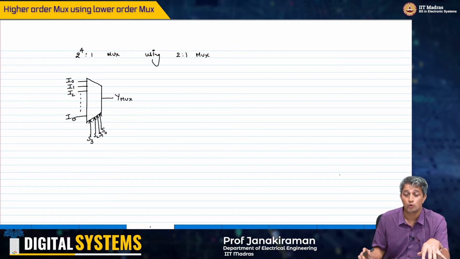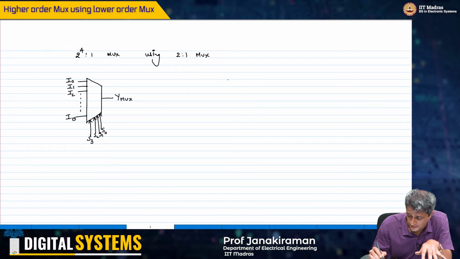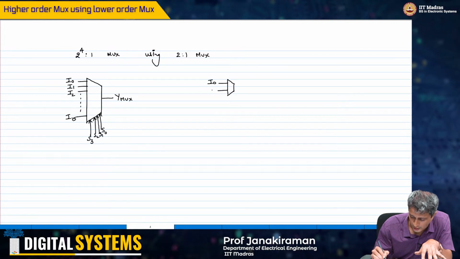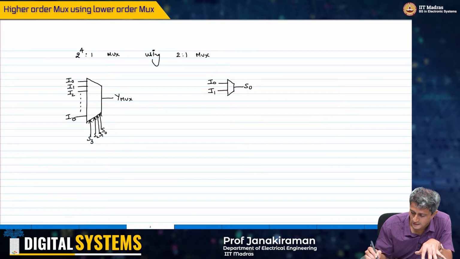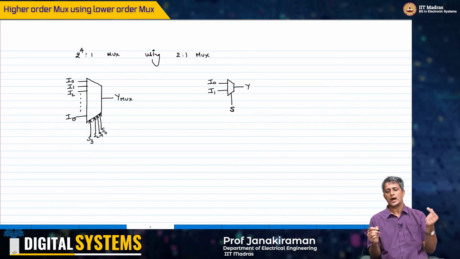Now I want to implement this huge multiplexer using just 2 is to 1 multiplexers. So what is the 2 is to 1 multiplexer? It's a much smaller thing. I have only 2 inputs, I0 and I1, an output Y, and just one select line, which is S. If S is 0, I0 will go through.